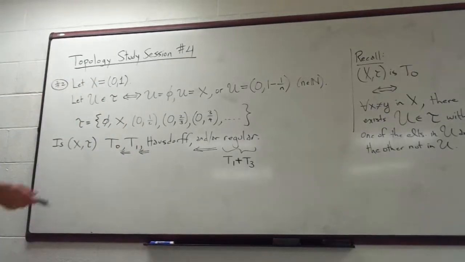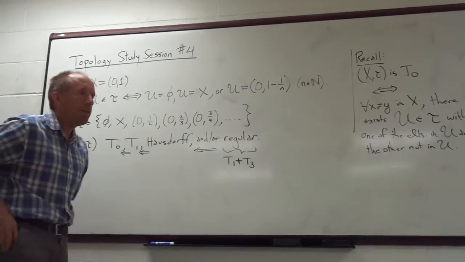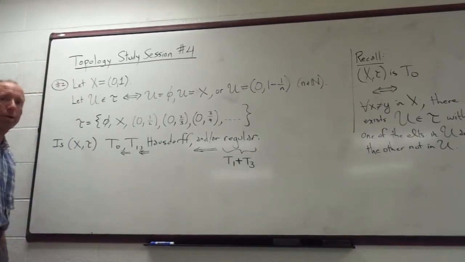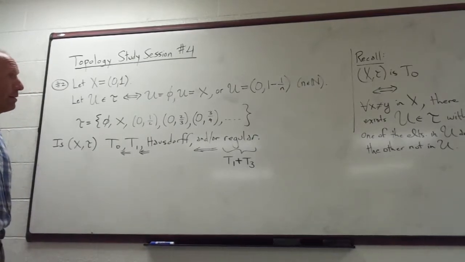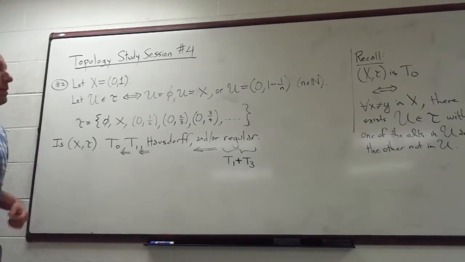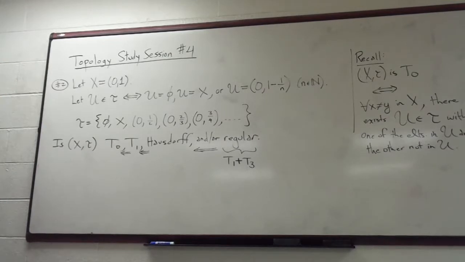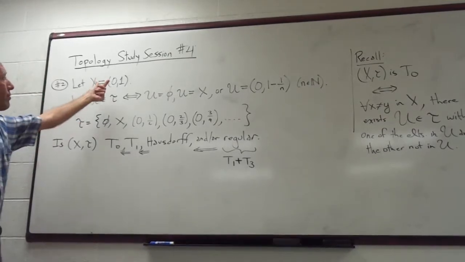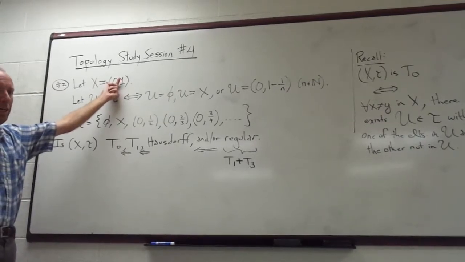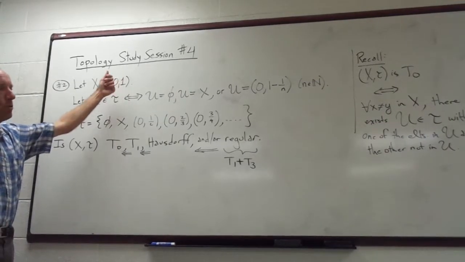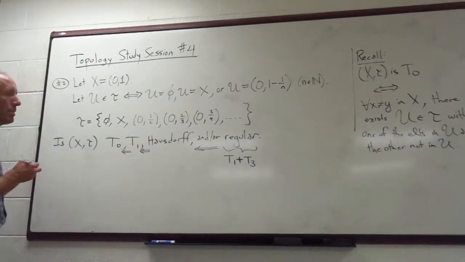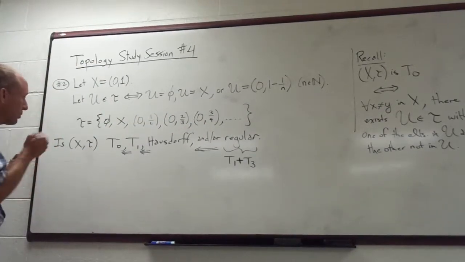So maybe since we have the definition of T0 on the board already, we can think about whether this space would be T0 or not. So what do you guys think? Would it be true that for any two different numbers between 0 and 1, you could find one of these sets that had one of the elements in that set and the other one outside of that set?